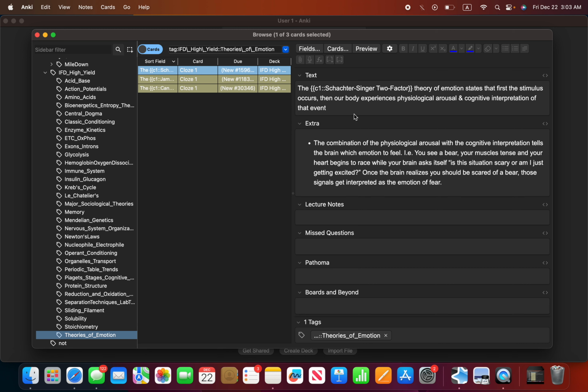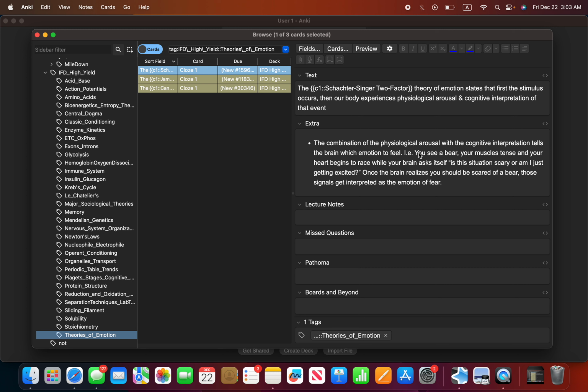We have the Schachter-Singer two-factor theory of emotion, that first the stimulus occurs, then our body experiences physiological arousal and cognitive interpretation of that event. So the combination of the physiological arousal with the cognitive interpretation tells the brain which emotion to feel.